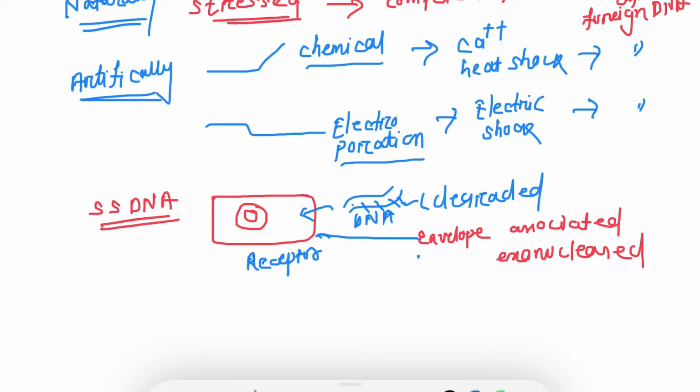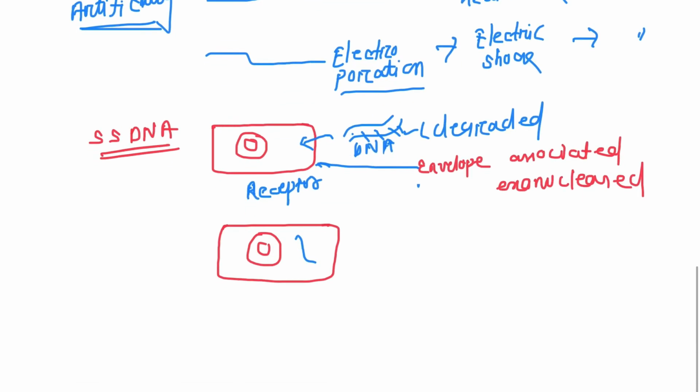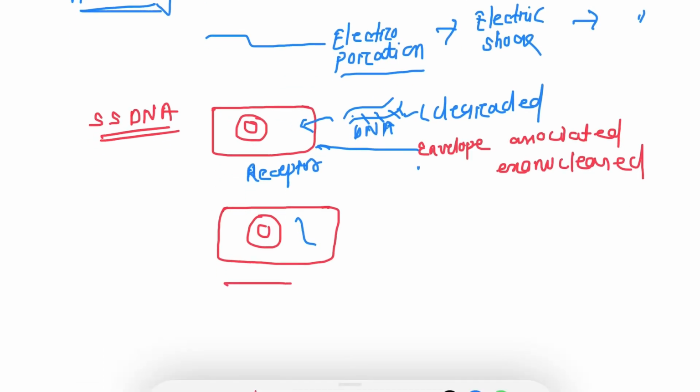Now this single stranded DNA enters the bacterial cell. Then in the bacterial cell, if a homologous region is present, it will be integrated.